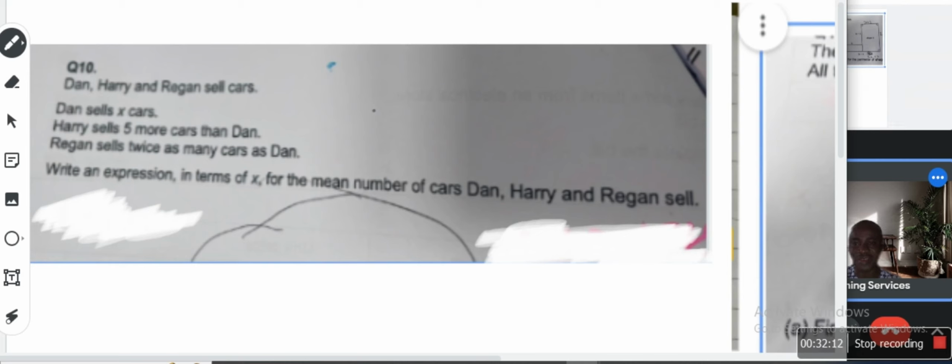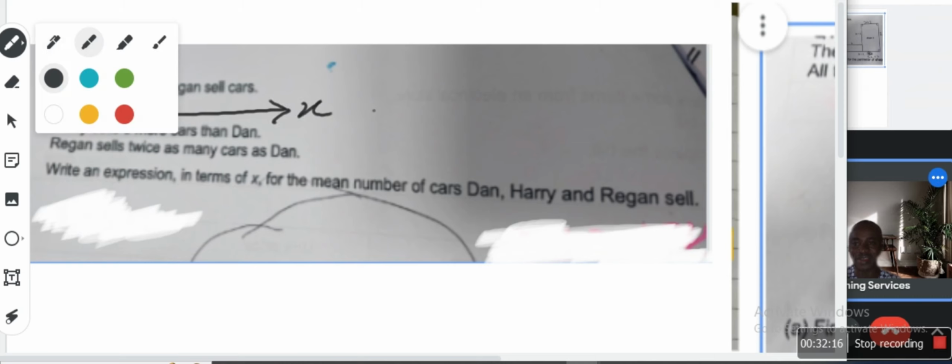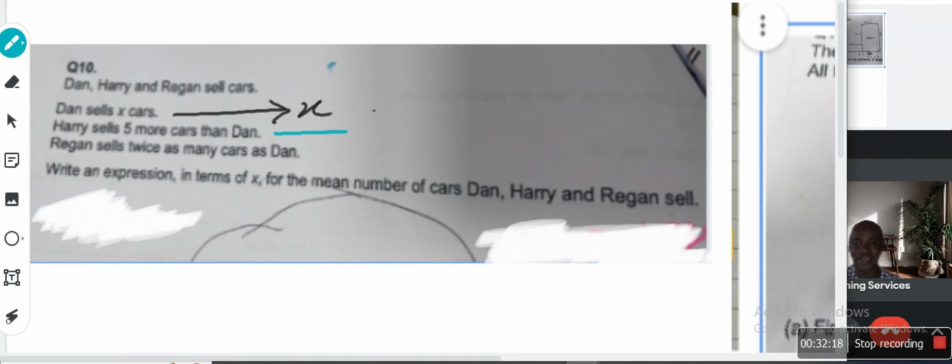So you see Dan's is X, is it not? Harry's is what? 5 more than Dan's. 5 more means the value of Dan plus 5, is it not? Did you get what I wrote in blue? Yes, because it says 5 more, so it should be X plus 5.